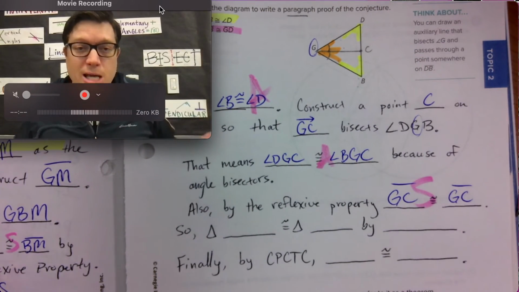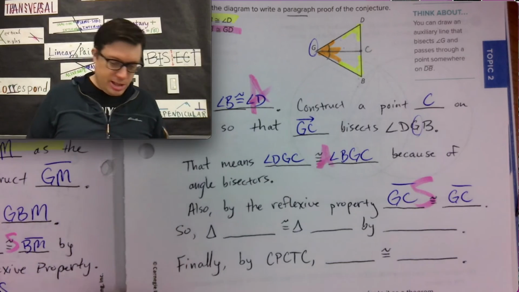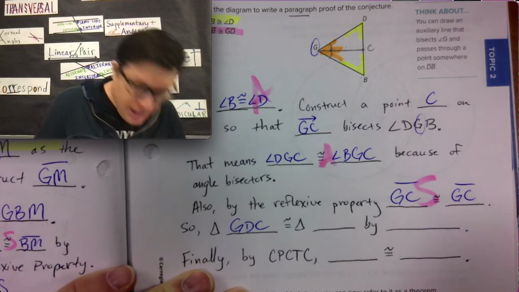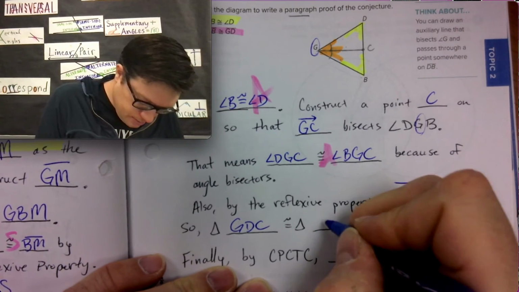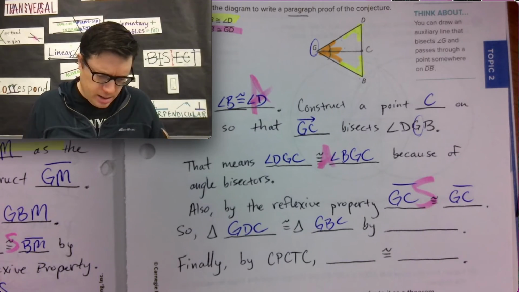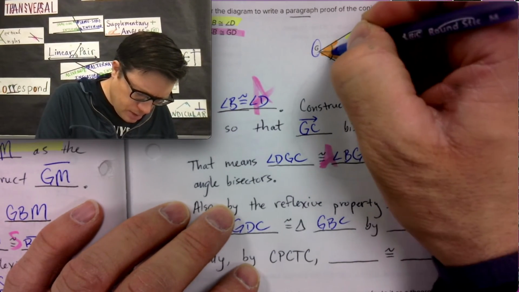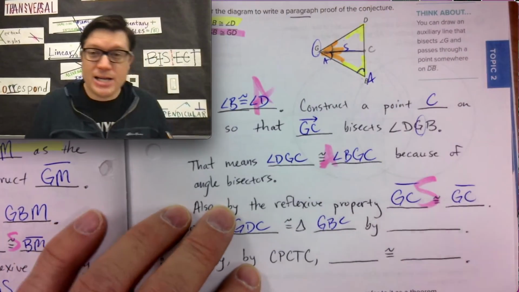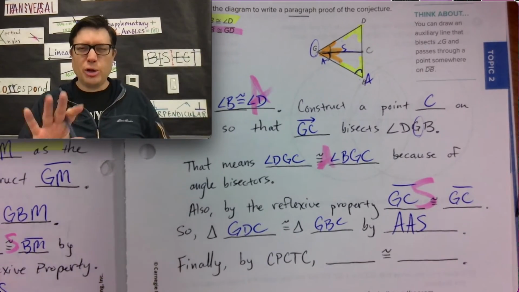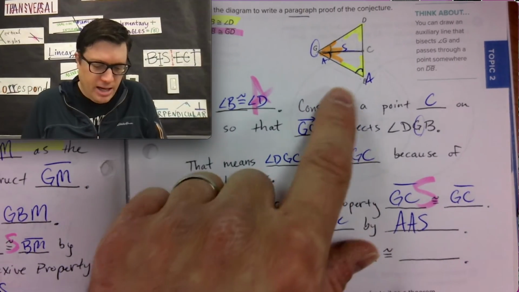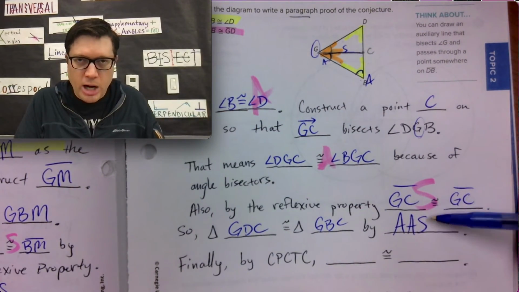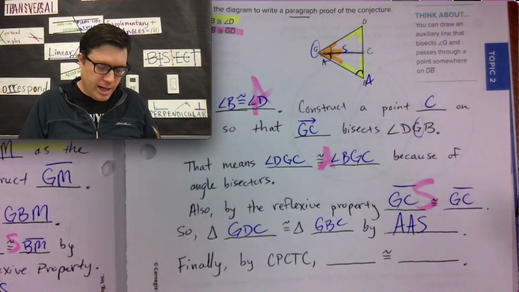When you can identify three statements, three geometry triangle congruent statements, then our triangles GDC and the other one GBC are congruent by A, S, A. Oh, the side is not between the two angles, so it's AAS. Might be a little bit weird to think about right there, but that's what it is. It's angle, angle, side, because the side is not between the two angles, so don't put the letter S between the two letter A's.